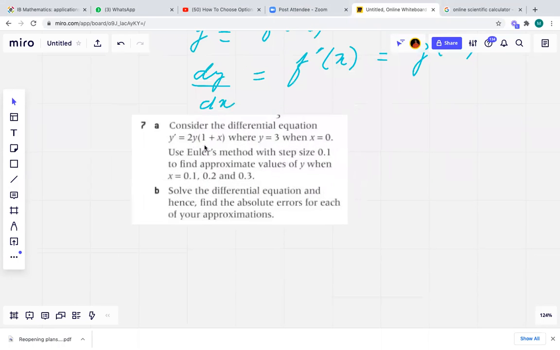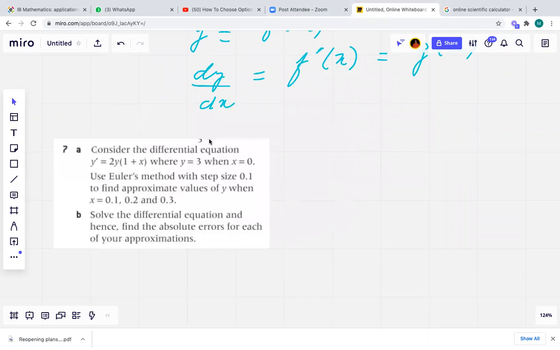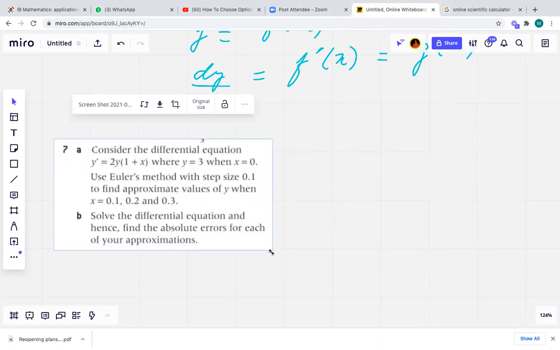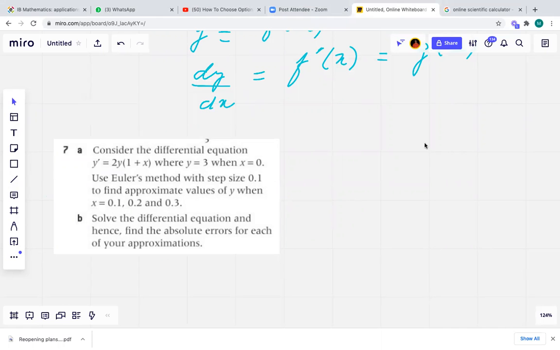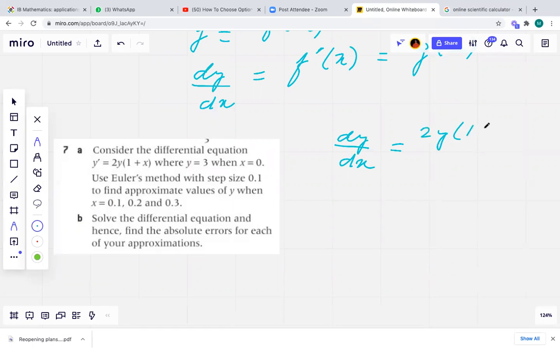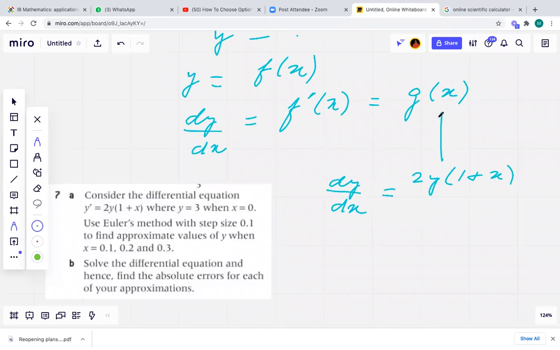This is it. Now look at this. What is given to you? Read the question carefully. y dash equals 2y plus 1. y dash is the differentiation, so dy by dx is 2y plus 1, which is what I call g of x.